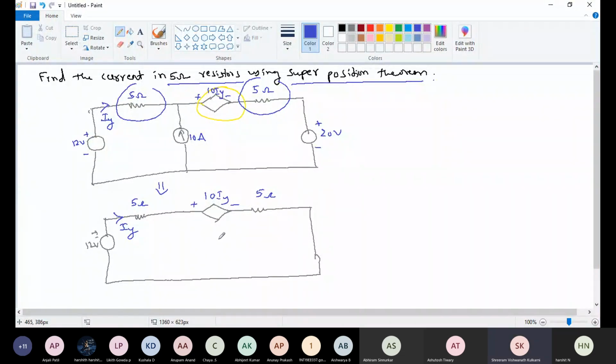Now apply the KVL. Current is flowing in this direction. Apply KVL for this loop.